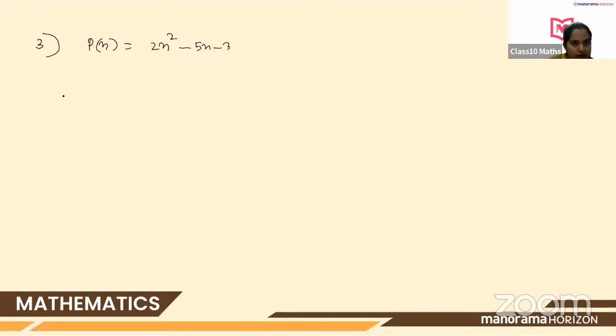So now we have to find the zeros of this polynomial. Zeros of 2x square minus 5x minus 3 is equal to 0.